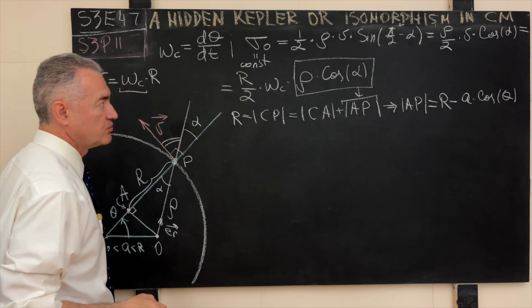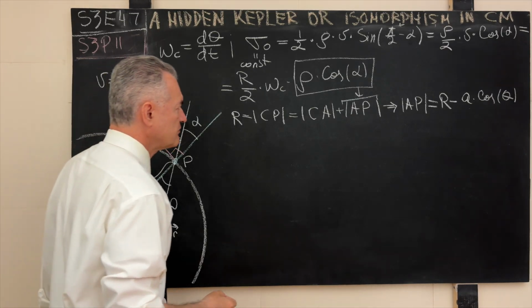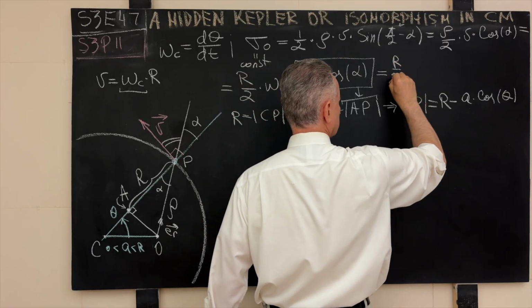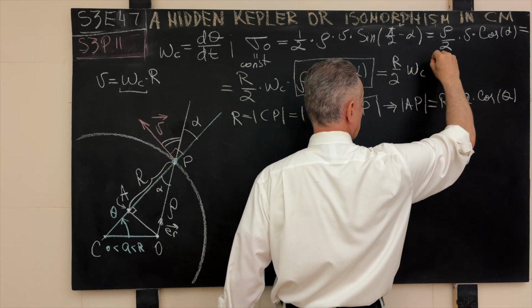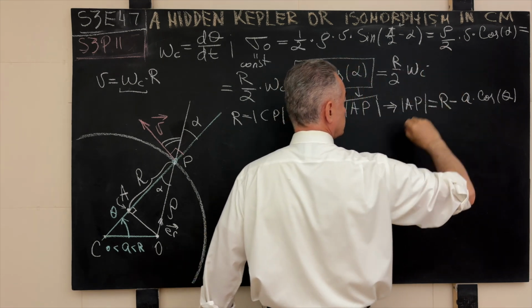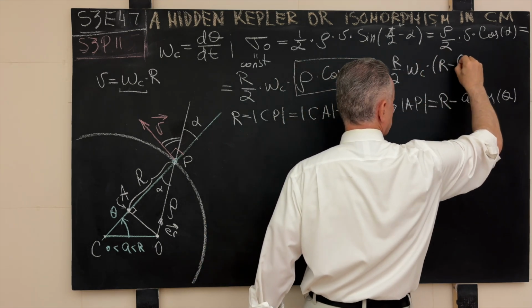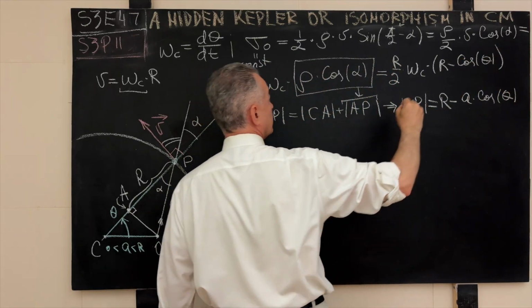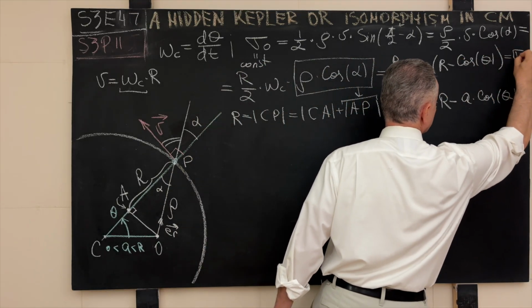You see, this is how we instantly arrived at this result. So now we have this, we have R over 2 times omega c times (R minus a cosine of theta), and this is equal to, don't forget, sigma 0.